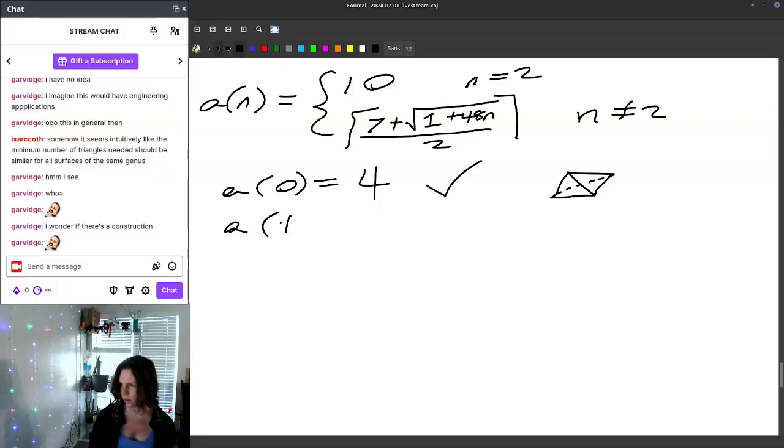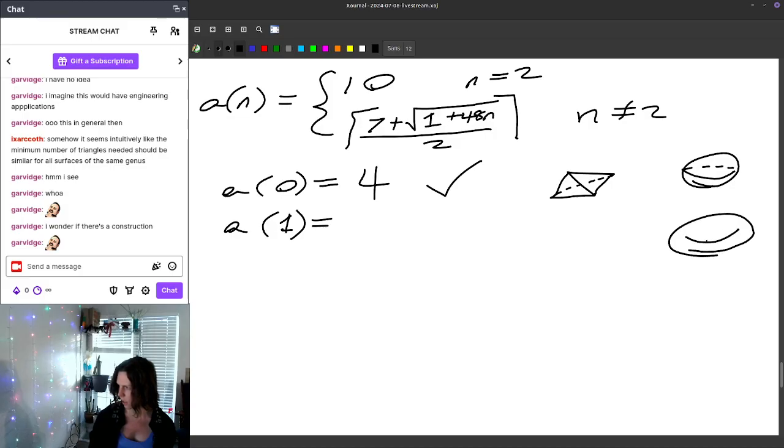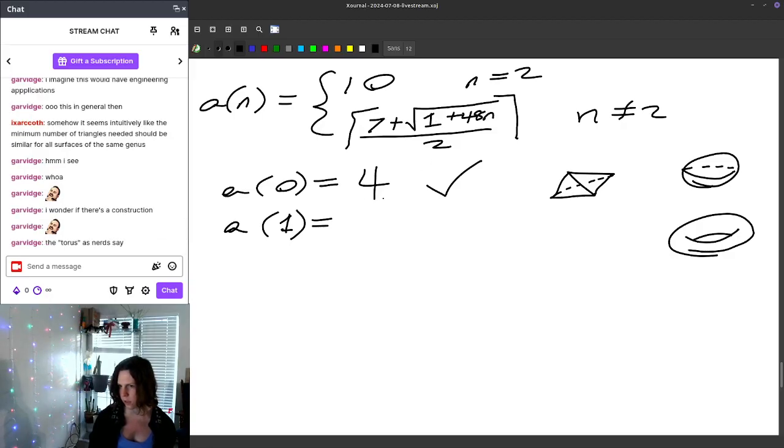Now this would be the number of triangles needed for the one-hole donut, that is the regular donut. So this is telling me it's the number of vertices. It happens that there's also 4 triangles here, but it's telling me the number of vertices. So if I plug in 1, I get 7 plus the square root of 49, so 14 over 2 is 7.